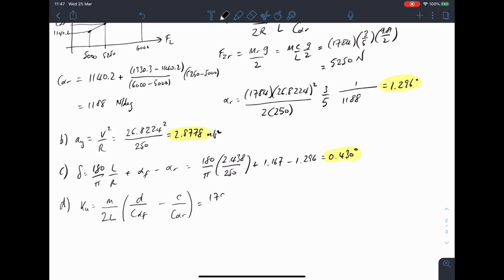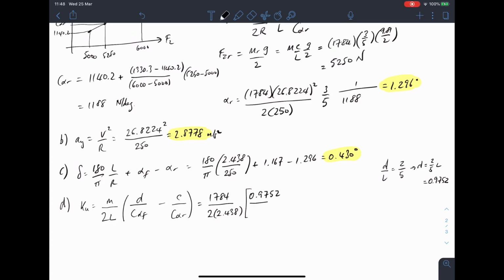We've got 1784 divided by 2 times 2.438. And then we've got to find d. So we know that d upon l is 2 over 5. So that makes d equal 2 over 5 times l. If we do the sums, that comes out to be 0.9752.